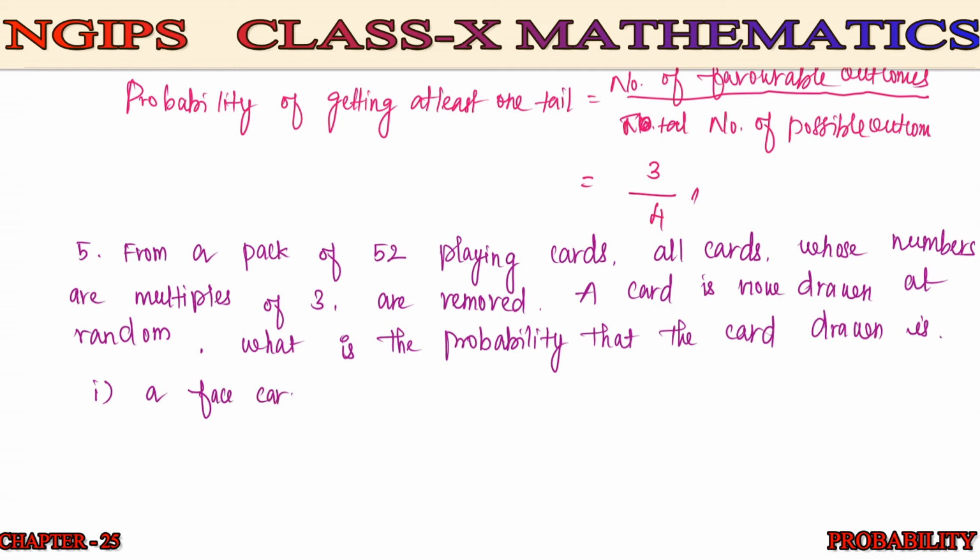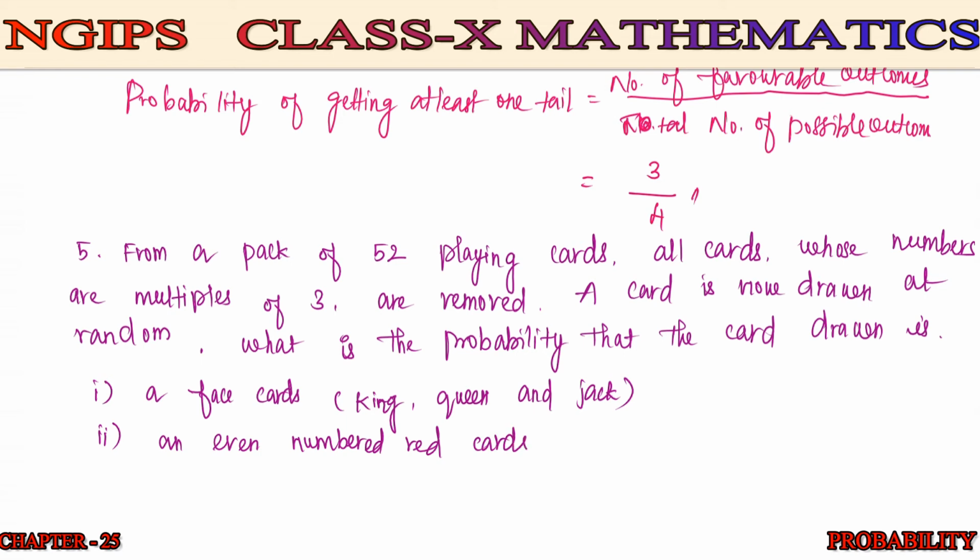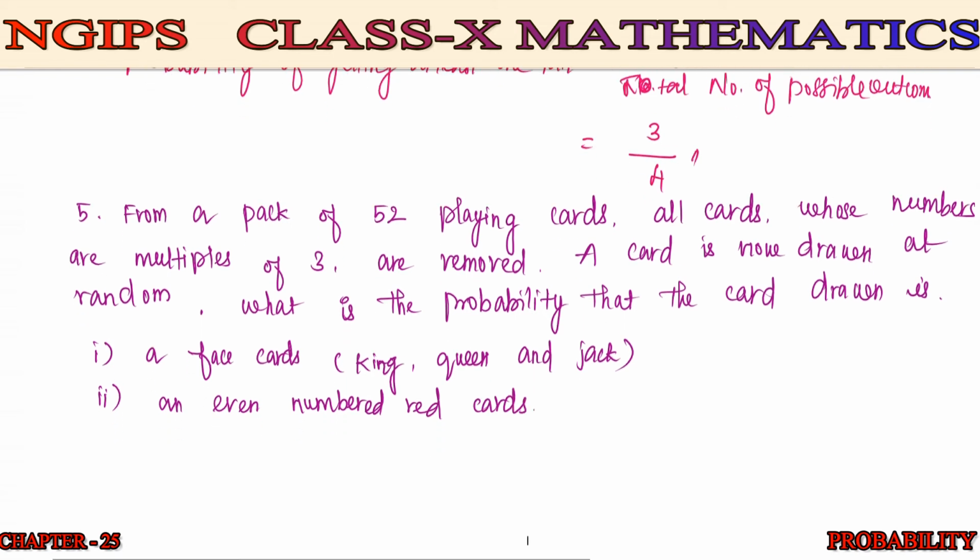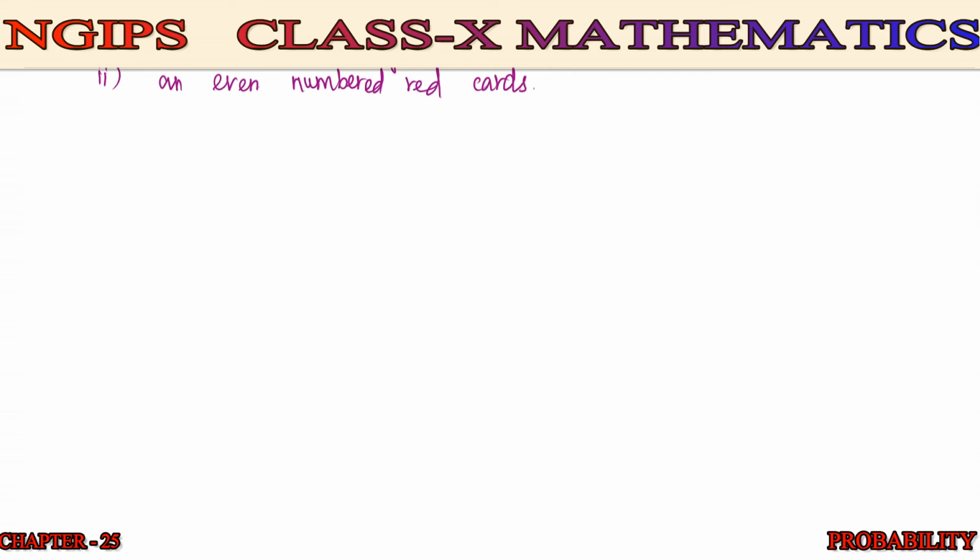Here we have king, queen and jack. The second sub question, an even numbered red card. Okay, I will give a clear picture about the cards.